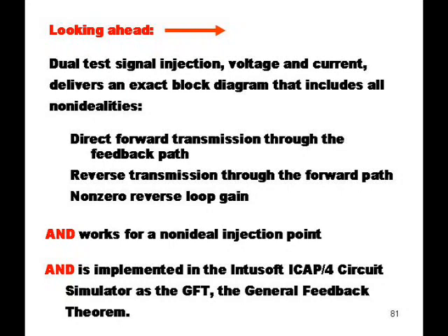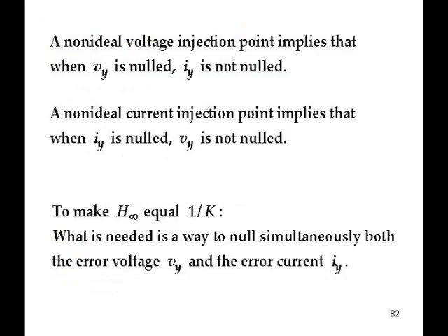Now, we've already seen what the failing is of single injection. That is, a non-ideal voltage injection point implies that when Vy is null, the error voltage, the error current is not necessarily null, and vice versa for the current injection point.